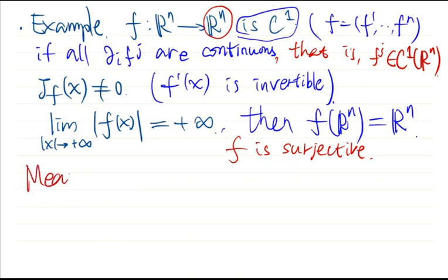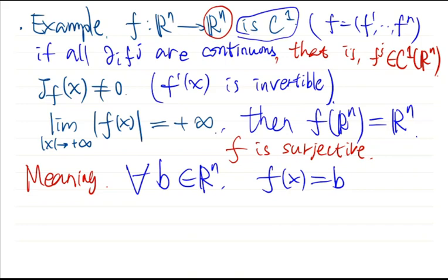the meaning of this example is that for any element in Rn, this equation is solvable. I write the equation in vector form, very brief, very elegant.